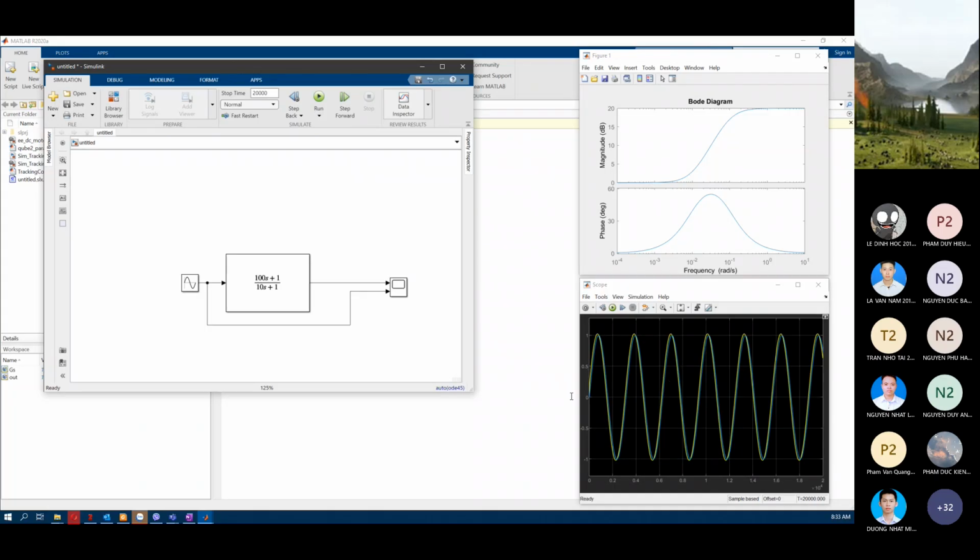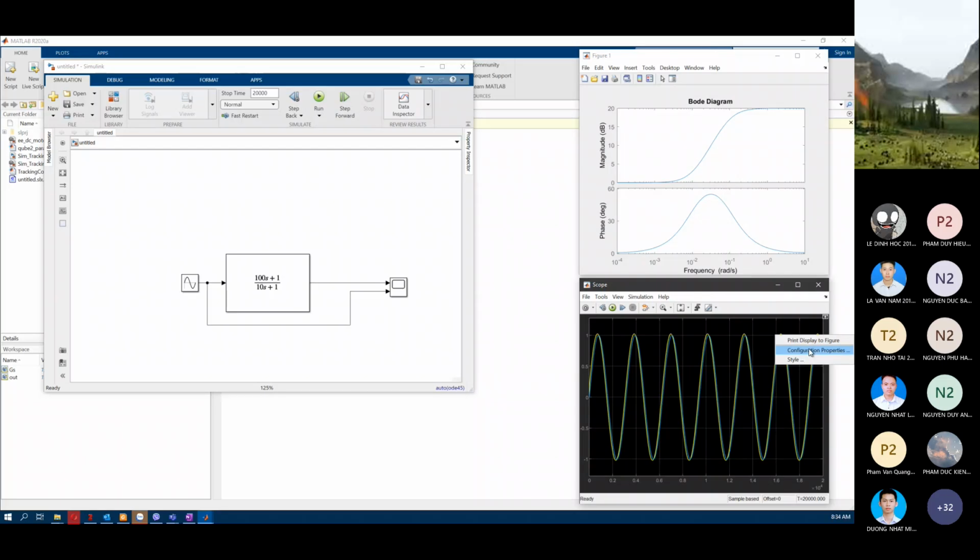Okay, so the input sine wave will be the blue one, and the output will be the yellow one.